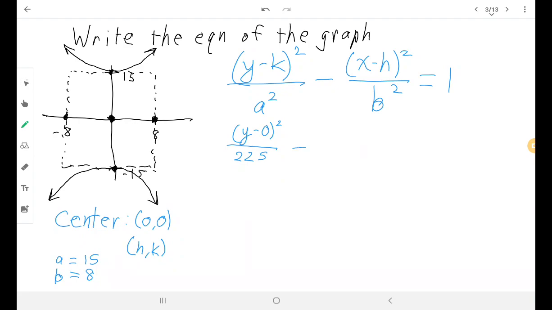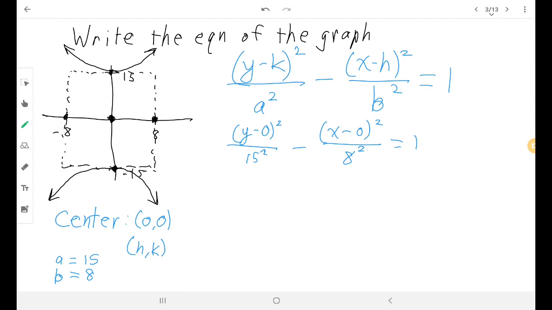Actually, let me show the details of it. That's 15 squared. So that's that 15 right there. Minus x minus 0 squared over b squared, and b is 8, so that's over 8 squared equals 1.